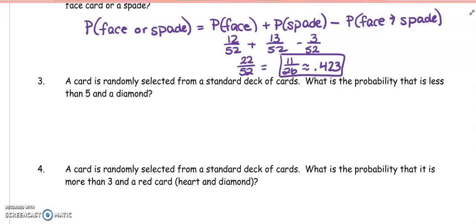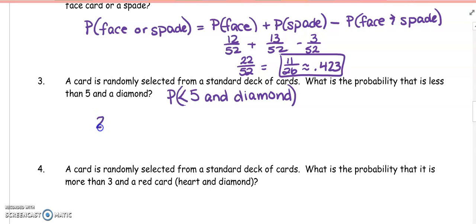All right, look at number 3. A card is randomly selected. What is the probability that it is less than 5 and it is a diamond? Like I mentioned before, when it's the and ones and you're given a chart, it's a lot easier just to count them.